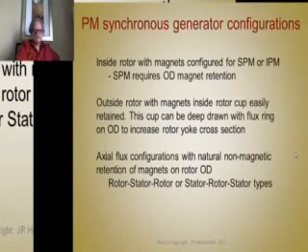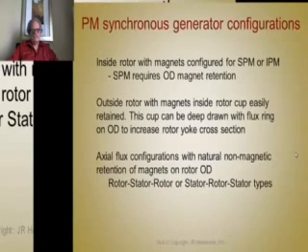Axial flux configurations are possible also, and that's a very interesting concept for generators, because even with high-speed generators, you can retain the rotors of axial flux permanent magnet rotors. You retain those on the OD to keep them from flying apart with a sleeve around it.